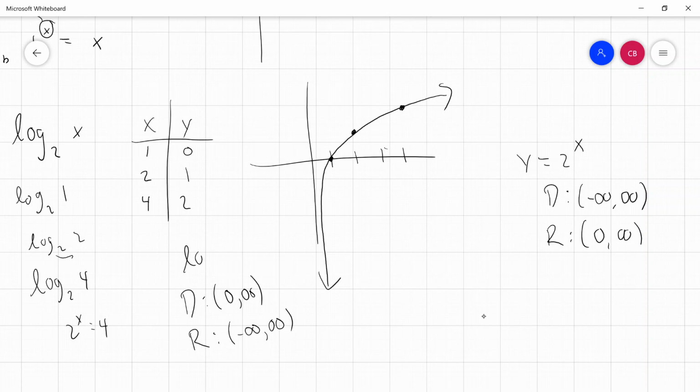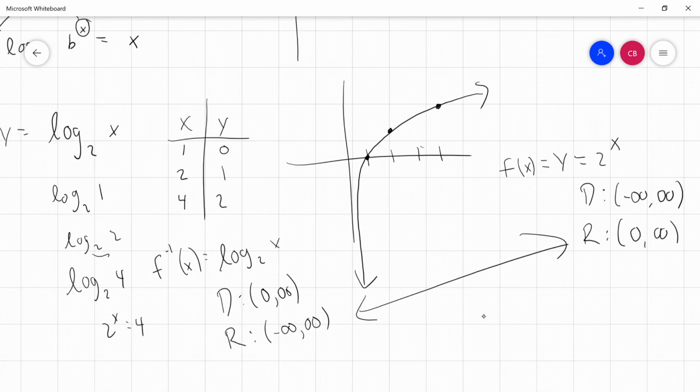If this is for log base 2 x, then these domain and ranges have switched, because if this is f of x, then this is f inverse of x, meaning they're inverse functions, and therefore they switch the domain and range and you get your values swapped. Okay, so that's how that works. Now, how would a shift look here to make this domain different?